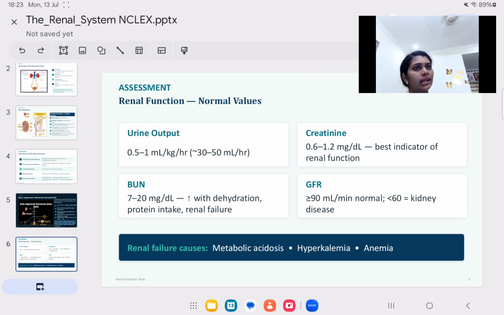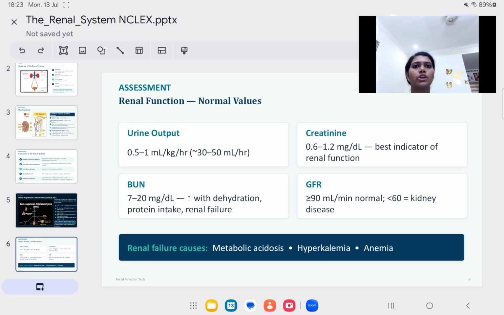Then creatinine. Creatinine is excreted through our body. It is not an essential material in our body. It is a waste product formed by different reactions, so we need to excrete it. The normal value of creatinine is 0.6 to 1.2 mg per dl.